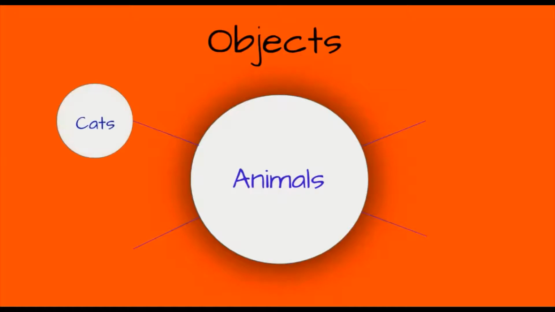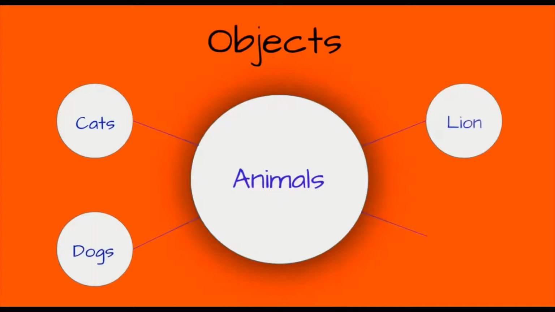For example, cats, dogs, lions, and tigers. So all of these animals are objects of the class animal. Or an animal class is an entity that binds together all these animals into one group called, obviously, animals.